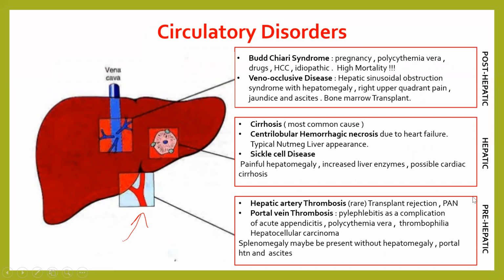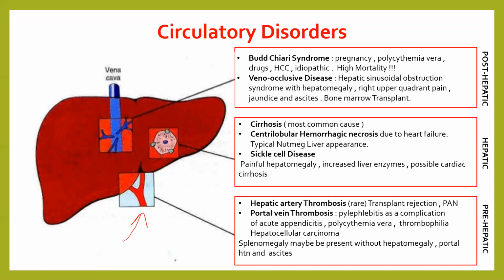And next we have portal vein thrombosis. Portal vein thrombosis can arise as a complication of acute appendicitis, which can then cause portal vein inflammation. We call it pylephlebitis. It can also occur in polycythemia vera, any kind of thrombophilic disorders, and also hepatocellular carcinoma.